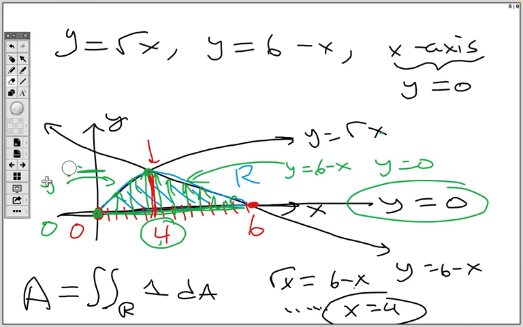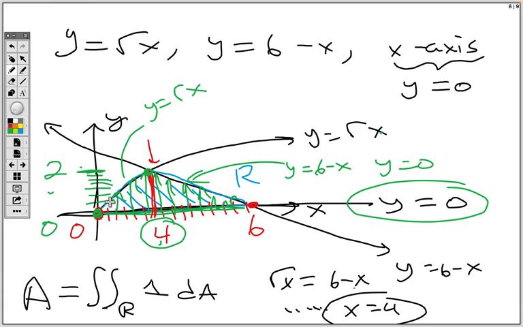So I'm going to erase this for a second. I'll put a 2 there. I still want y equals root x here. And now I'm going to be chopping up the y-axis. And for a fixed y, I need to know what the x runs between.